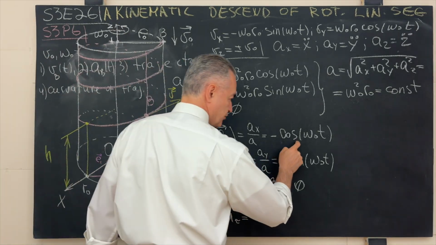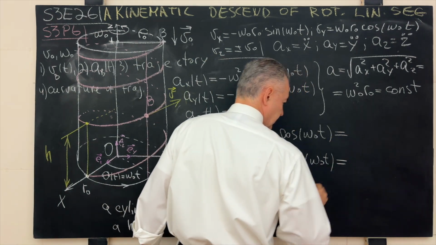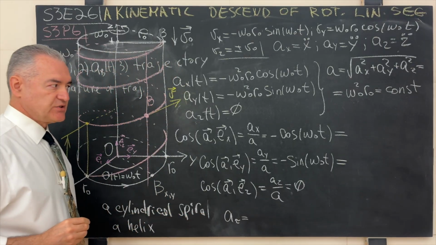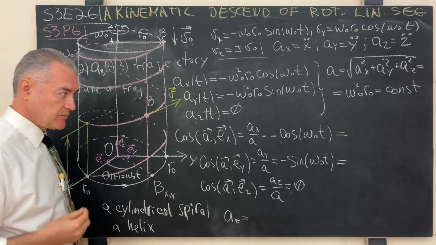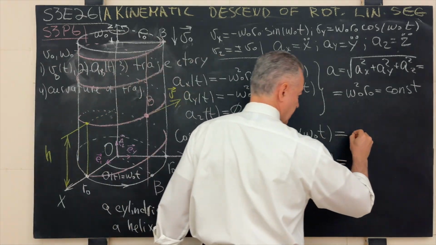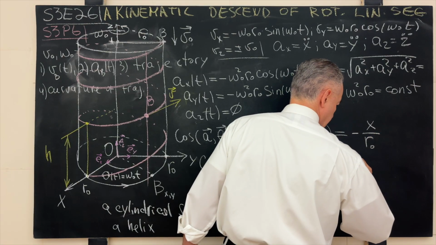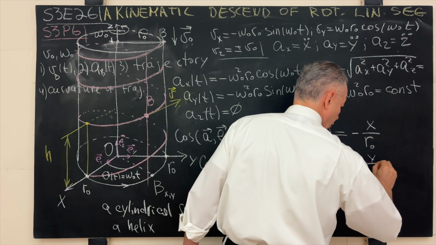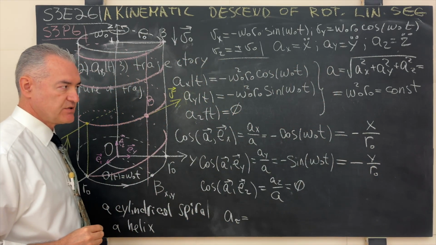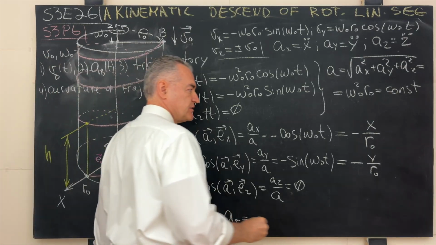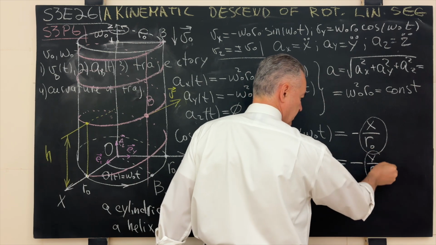Let's concentrate on this, cosine and sine. What are these guys? The sine and cosine. This is the observation that you're expected to make in real time in a verbal face-to-face real-time examination. So here you write it down as minus x over r0, you see, minus y over r0. You see, this is the observation that you're supposed to make. And what are these guys? What is this quantity? This quantity and this quantity.